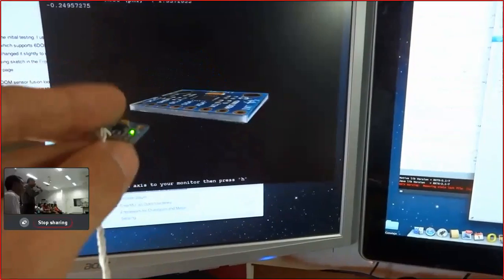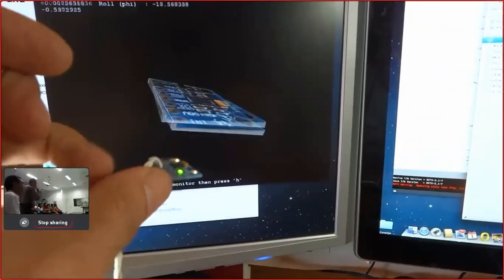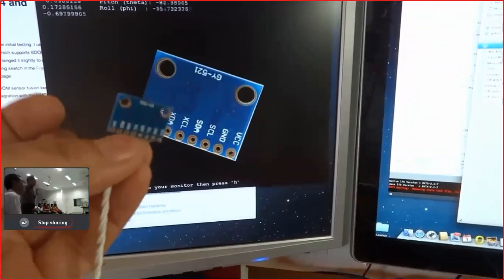The error in the value of the angles is so small or can be neglected.